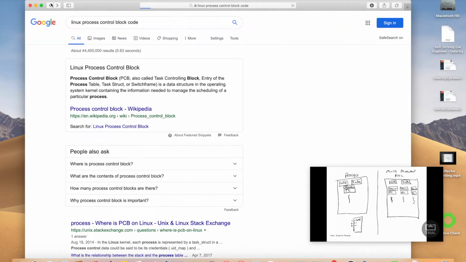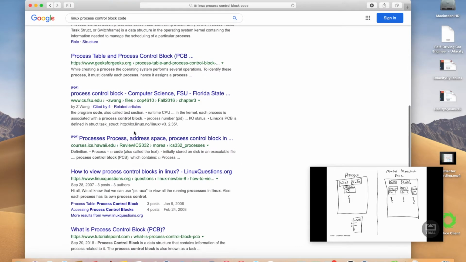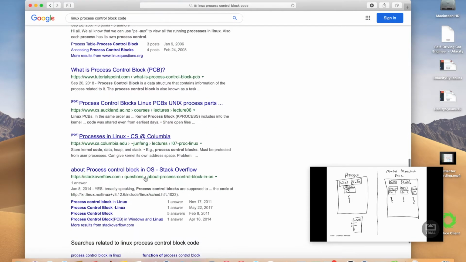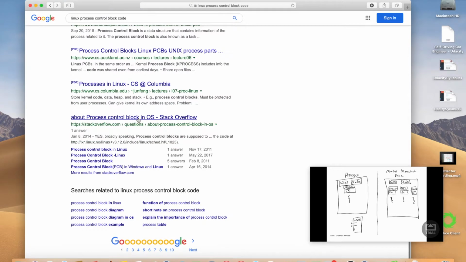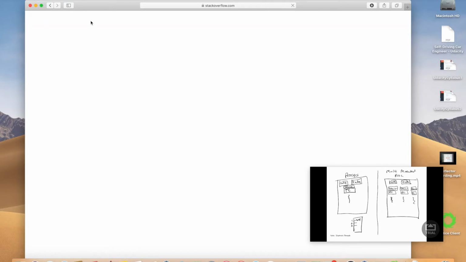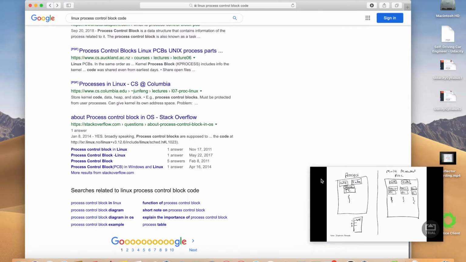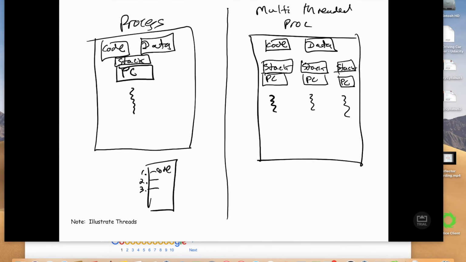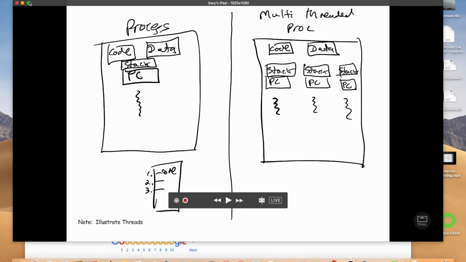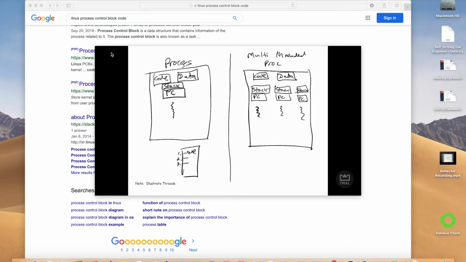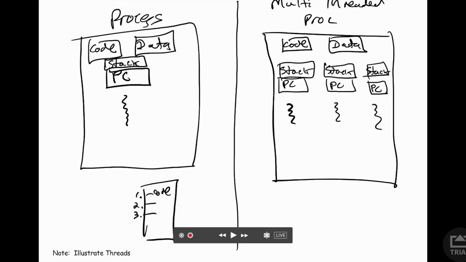Nope. It's not coming up. I'm getting different search results. But anyways, you can actually look at the data structure in C that defines the process control block for Linux. It's no secret. It's open source, so you can actually look that up. Okay. Any questions about this?